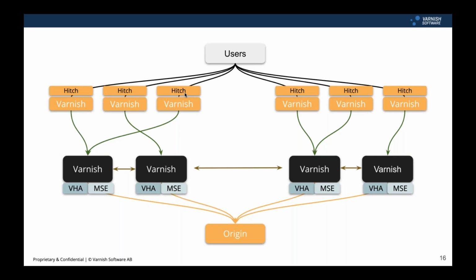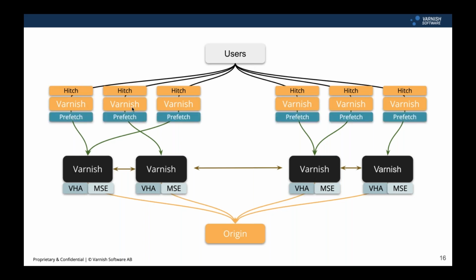Now, very important bit, how do we link this edge layer with this origin shell layer? So what happens if content is not cached on this layer? Varnish will have to go to the black layer, but Varnish is also pretty clever, and you can implement a prefetch logic in there. Another example, let's say we are watching a video.